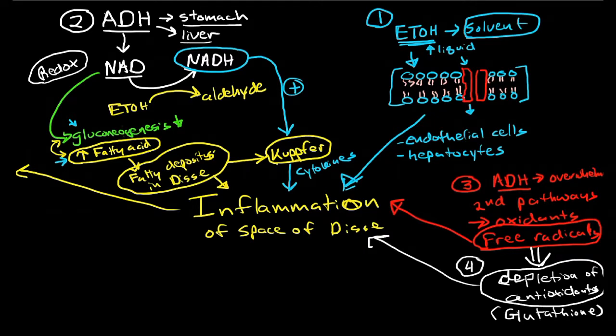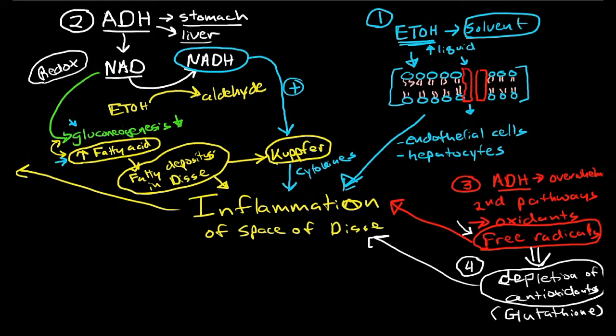And this is because we've drunk so much alcohol that we're using every ADH enzyme that we have, and there's still alcohol in the liver. So the liver is responding to the toxic levels of alcohol by going to secondary pathways of oxidizing the alcohol to break it down into aldehyde, and this causes very high concentrations of free radicals.